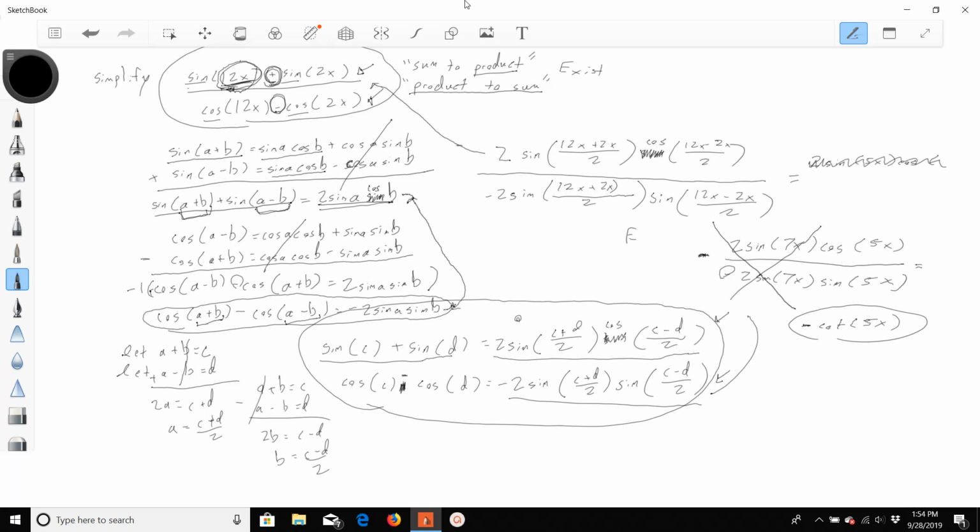And then just like how I did here, I'm going to add and subtract these formulas, a plus b equals c and a minus b equals d. I'm going to add and subtract those two formulas to get a and b in terms of c and d. The reason I need to do that is because here I have a and b as my inputs, and if I'm changing those inputs to be in terms of c and d, then I need to find a and b in terms of c and d.